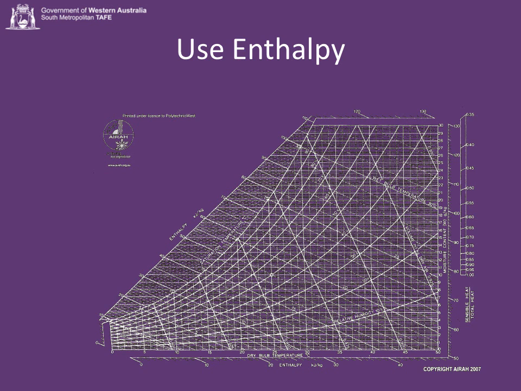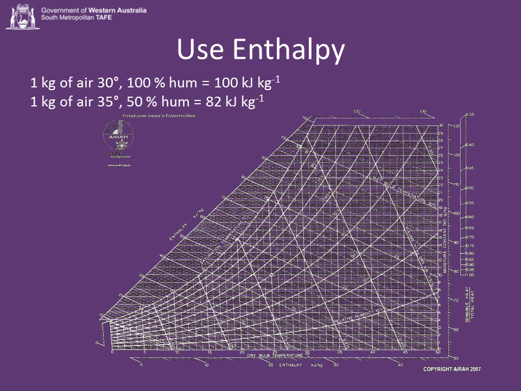Remember, enthalpy is the total energy contained in the system. If we look at 1 kilogram of air at 30 degrees, 100% humidity, it has 100 kilojoules per kilogram enthalpy. If we look at air at 35 degrees, 50% humidity, it has 82 kilojoules per kilogram enthalpy.